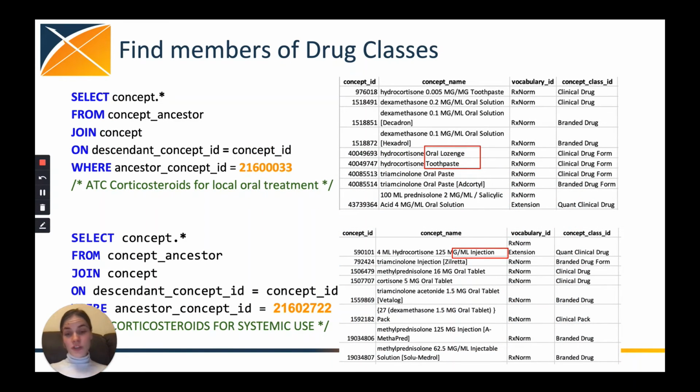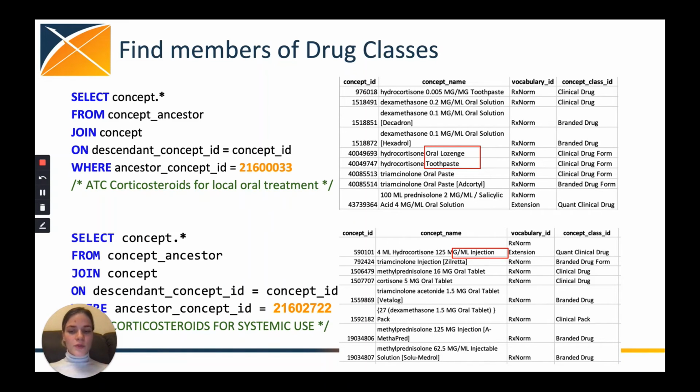Another nice feature about ATC is that you can actually distinguish the route of administration and sometimes the indication. So for example, the corticosteroids can be used for local treatment, can be used for systemic use, they can be applied on your skin, etc. And we know that those drugs may have the same ingredient, but they clearly have different action on the organism and on the body.